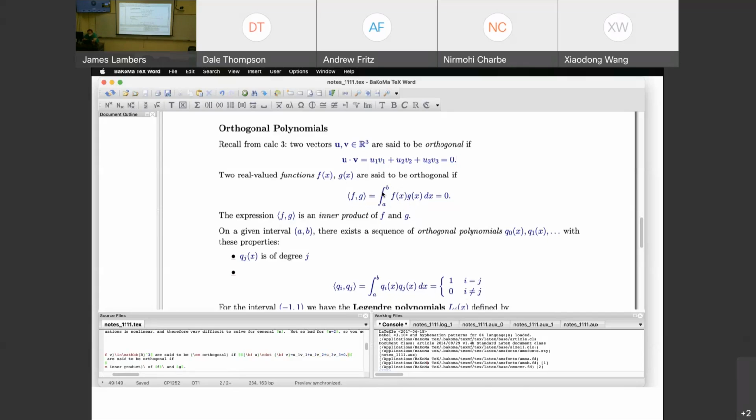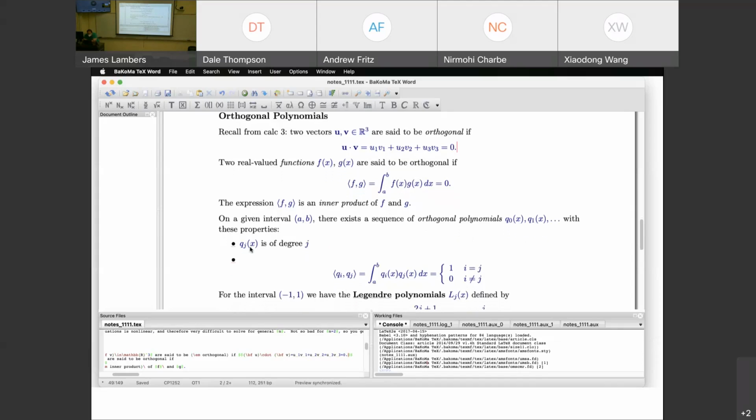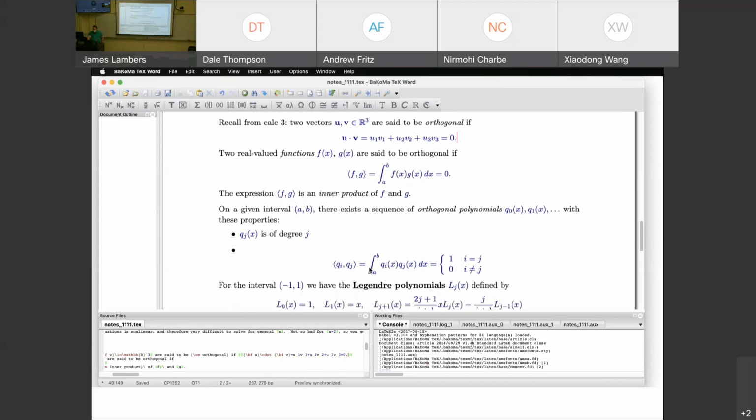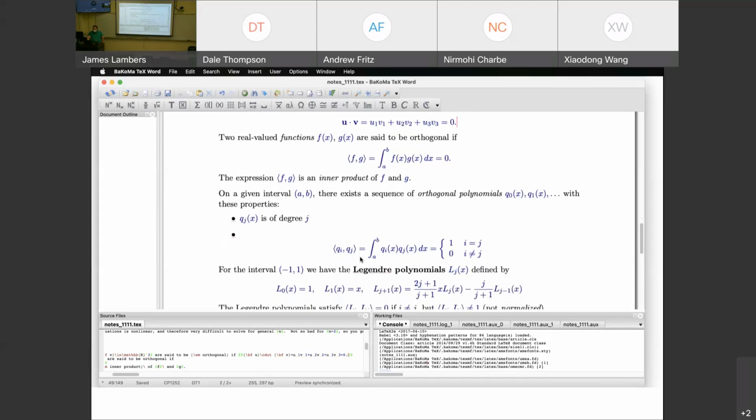Okay. So now that I have a way of describing functions being orthogonal to each other, by virtue of their inner product being 0, I can describe a sequence of orthogonal polynomials, Q0, Q1, etc., where the subscript is the degree. So Q0 is a constant function, Q1 is a linear function, Q2 is a quadratic, and so on. And here are their pairwise inner products.